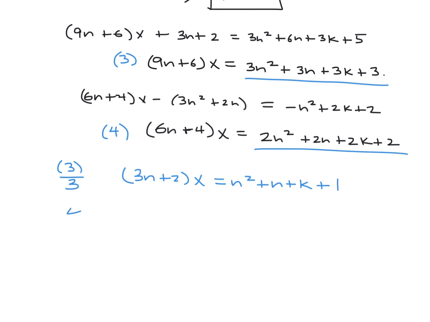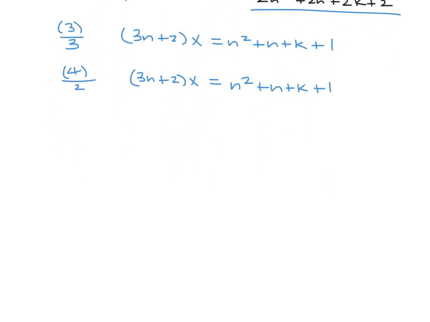And if I divide equation 4 by 2, that's going to be 3n plus 2x is equal to n squared plus n plus k plus 1. Same thing. Okay, well, that doesn't help, but in a way it helps, since it isolates the x: n squared and so on, all over 3n plus 2.